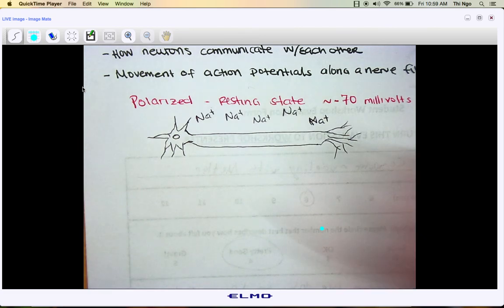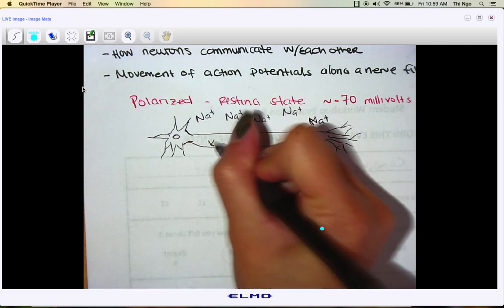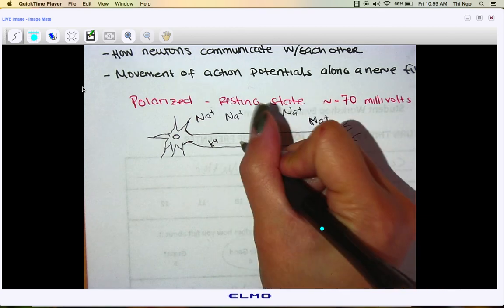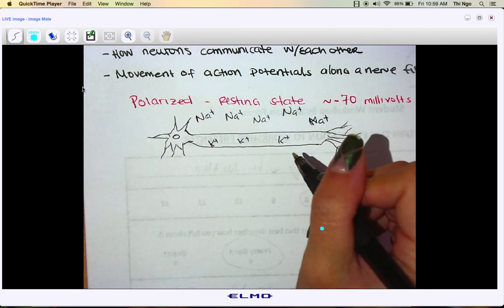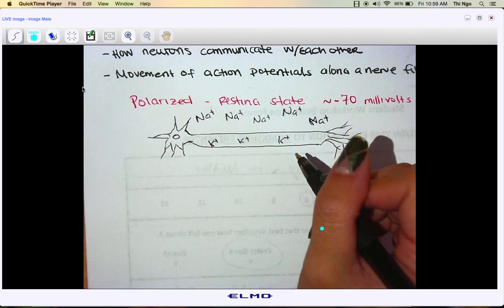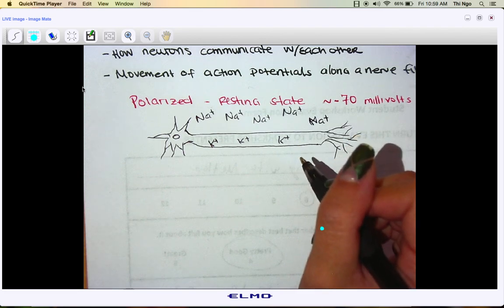Instead, you have potassium. Potassium like in crumbs? How does the potassium get in there? It's just a gas. It is an ion. It's like a little molecule. It's an atom.